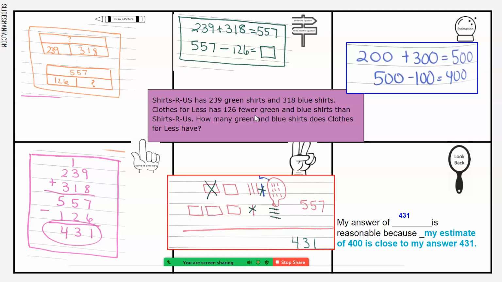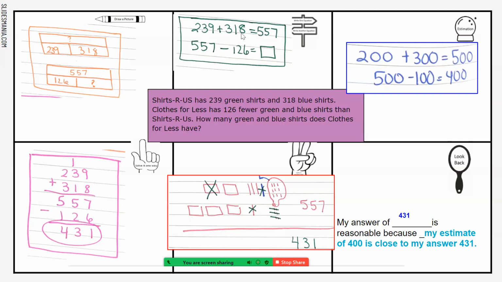So that one would be a subtraction to find the missing part of how many fewer blue and green shirts Clothes for Less has. Notice that when you look at this strip diagram, it actually has two steps. Look at our equation. What's our first step? Does this match that strip diagram? It sure does.